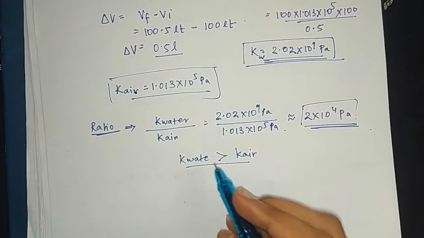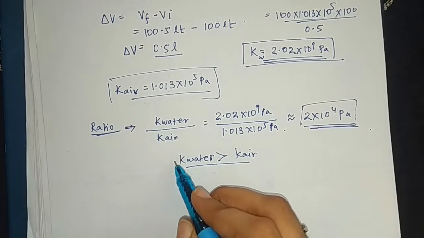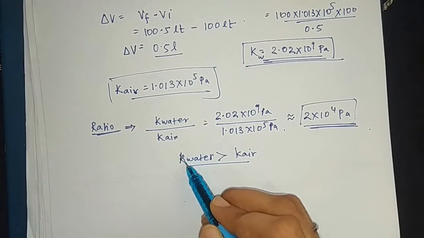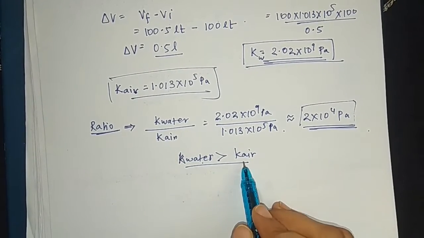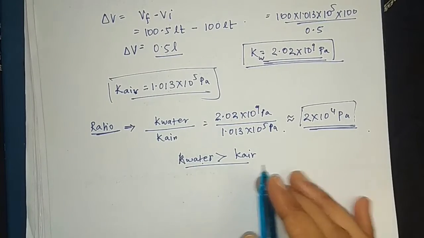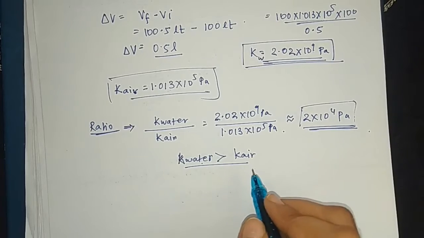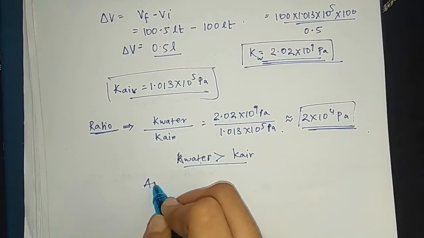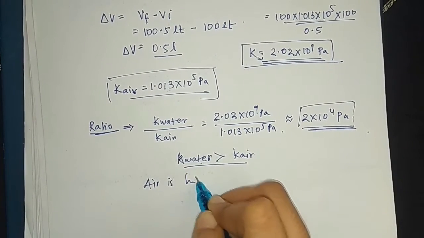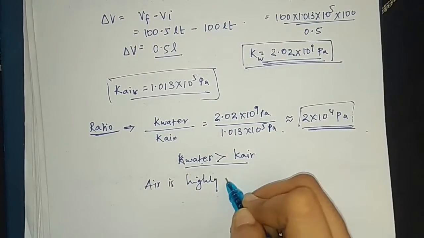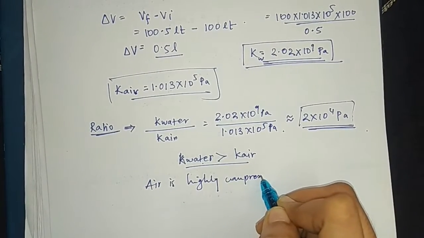So let's now think about what will be the reason that the bulk modulus of water is greater than that of air. As we know, air is highly compressible compared to water, right? And what does bulk modulus indicate?